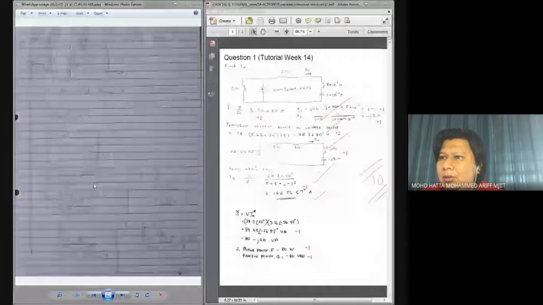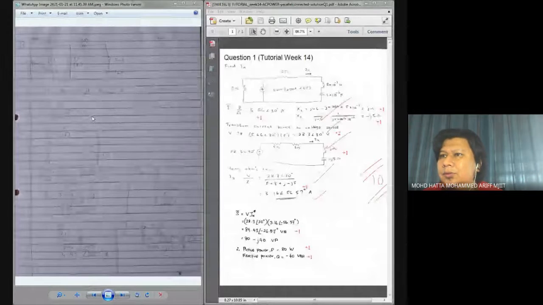Okay, now how do you get this one? What is this 5? Oh, you did source transformation. Right. The strategy to transform the circuit from a current supply into a voltage supply is correct.